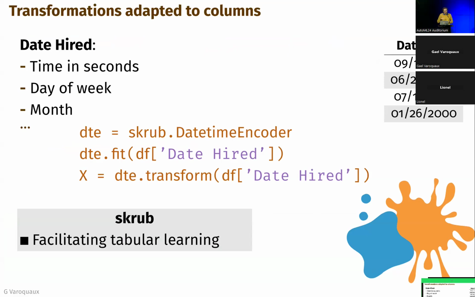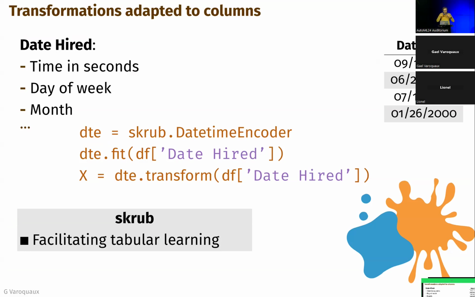So typically you have tables, dates. There, you can do interesting transformations to dates. You can turn the date into the times in seconds since the epoch. You can get out the day of the week, the month, things like this. All these things can be done by a skrub datetime encoder.